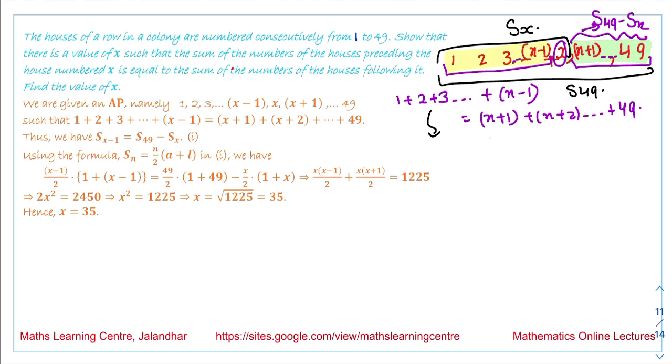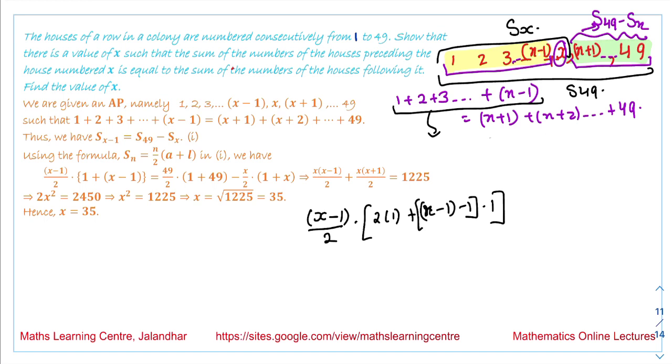For the sum of the first terms, the number of terms we have is x minus 1, so it is x minus 1 by 2, this is the value of n by 2, into 2a plus n minus 1 d. Here n minus 1 is x minus 1 minus 1, and the value of d is 1. This should be equal to the sum of the terms on the other side.